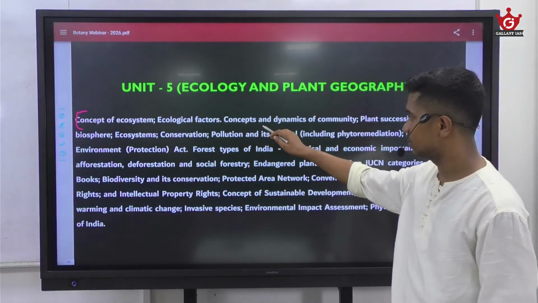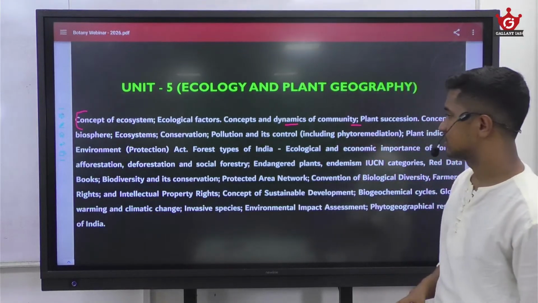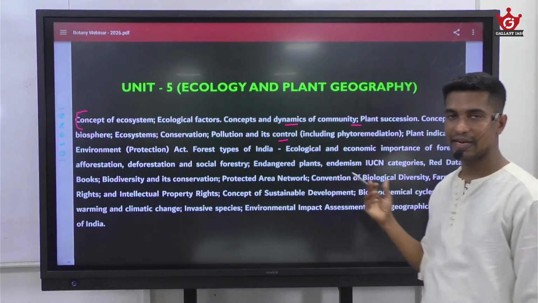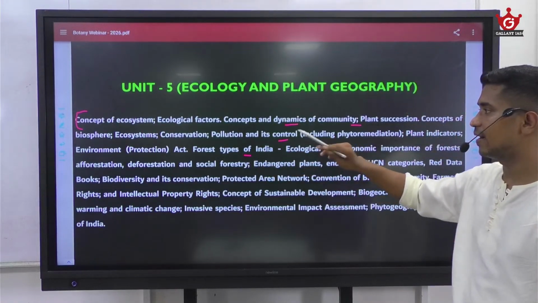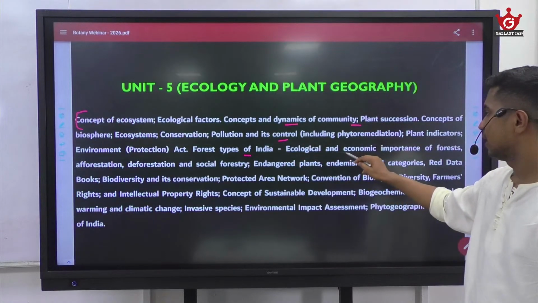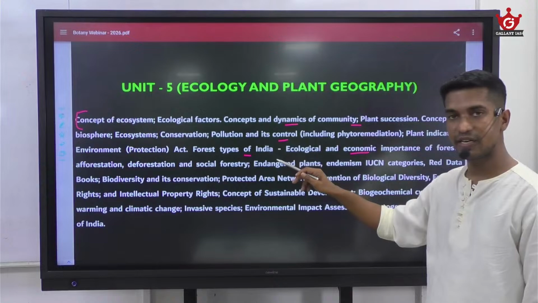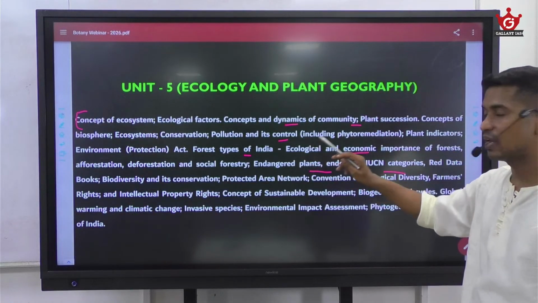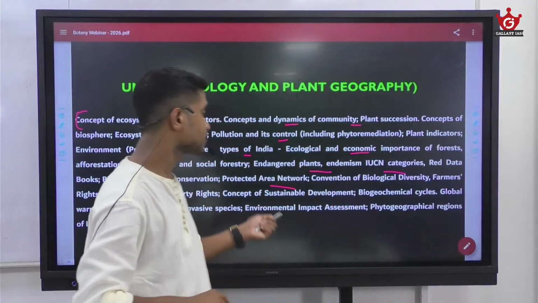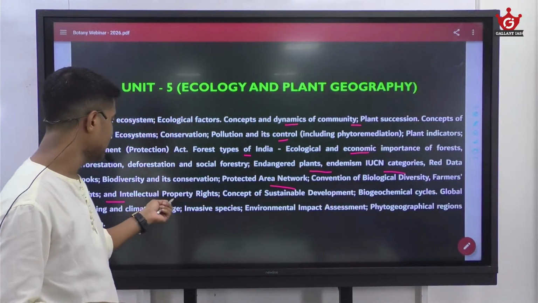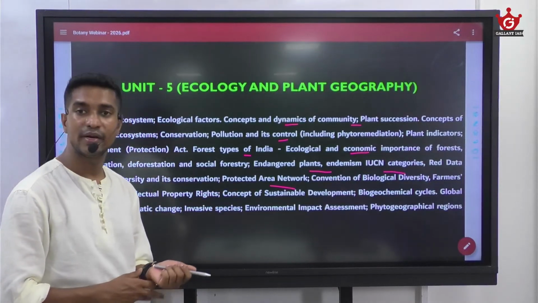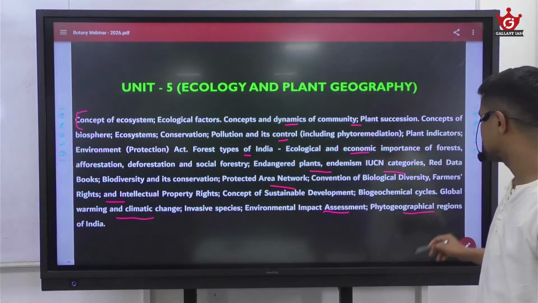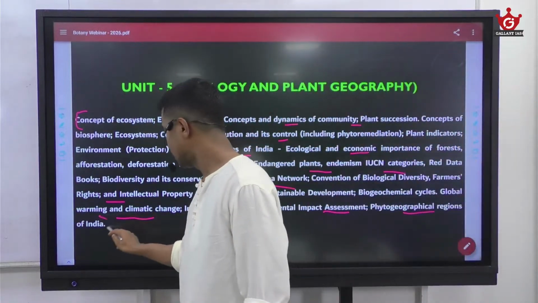Concept of ecosystem, ecological factors, concept and dynamics of community, plant succession, concept of biosphere ecosystem, conservation, pollution and its control, including phytoremediation, plant indicators, and forest types of India, Environment Protection Act, ecological and economic importance of forest, afforestation, deforestation and social forestry, endangered plants, endemism, IUCN categories, red data books, biodiversity and its conservation, protected area network, conservation of biological diversity, farmers' rights, intellectual property rights, concept of sustainable development, biogeochemical cycles, global warming and climate change, invasive species, environment impact assessment, phytogeographical regions of India. So these are the topics mentioned under ecology.